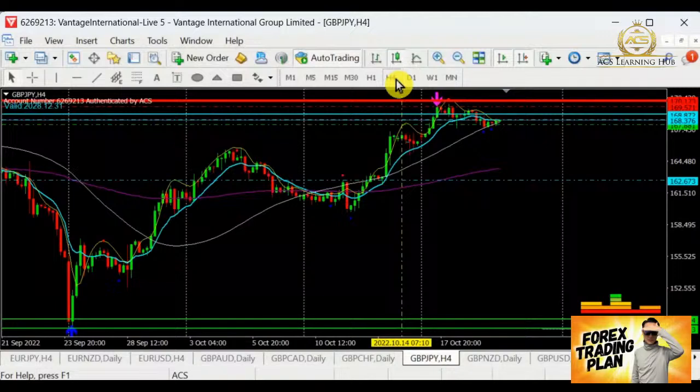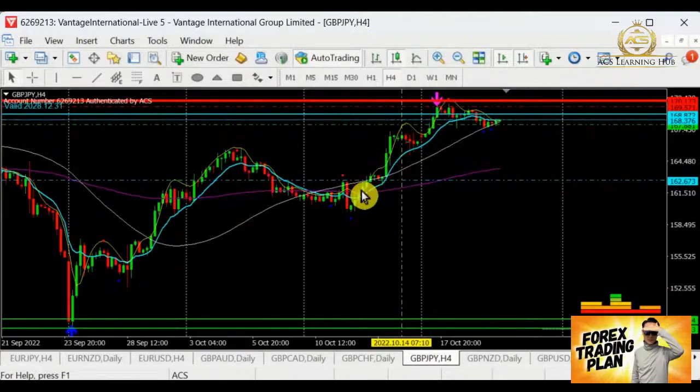So at this moment, we are looking out for this part here. This part here is something that we also need to take note of, so that we won't be in a state where we want to sell but are against the trend, which is not really very ideal.